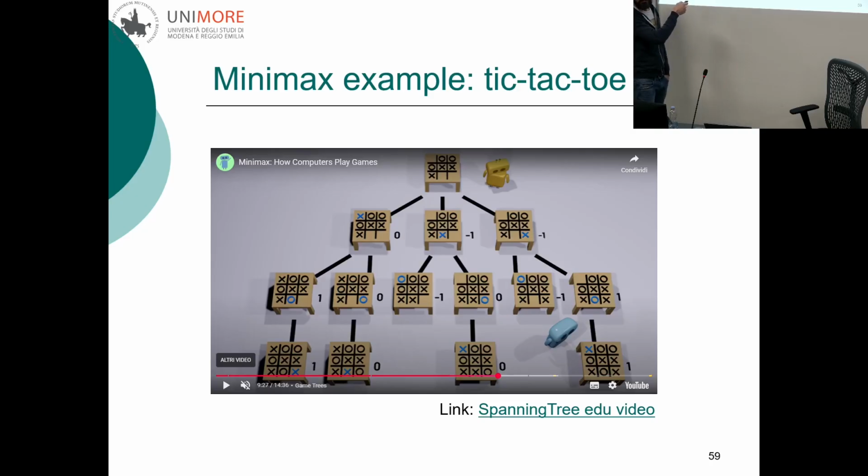This means that if the opposing agent puts a circle here, I am guaranteed to win, right? That's why, basically, how do I put numbers here? I take the numbers from the leaves, the terminal states, and I propagate them backwards. So, from here, I am guaranteed to win. So, the value, you remember the state value function?